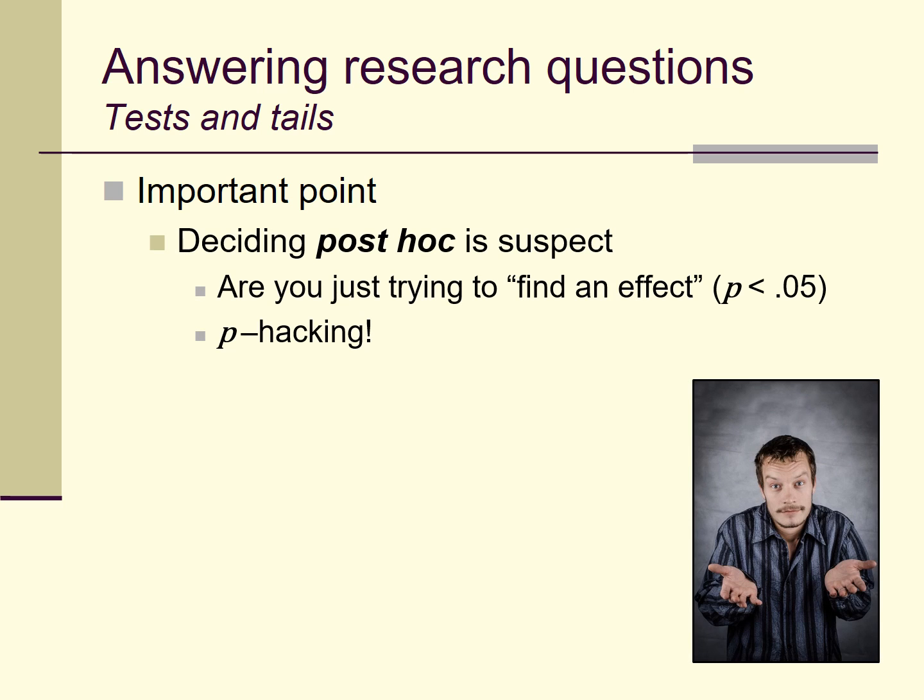Don't make these decisions after the fact. Don't post hoc decide, oh well, gee, this difference is non-significant under a two-tailed test, but really I kind of always knew that the direction would go in one direction, so I can kind of justify doing a one-tailed test. It's very easy once you have the data in your data set to say, oh yeah, I can see here in my sample that the treatment group had better functioning than the control group, and really I kind of always figured they would, so really that's okay for me to do a one-tailed test.